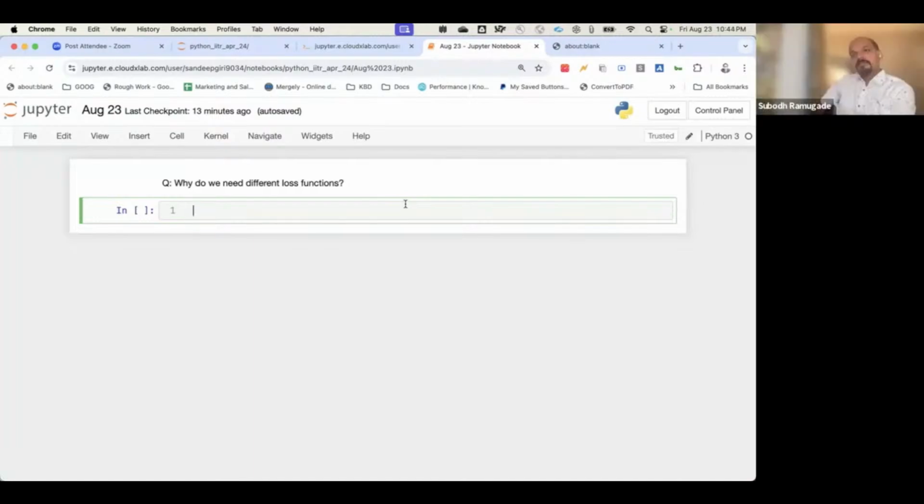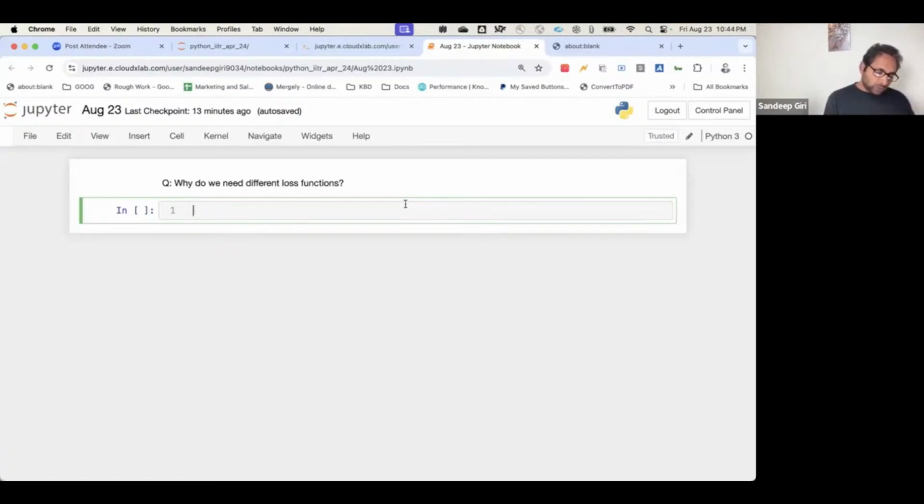For example, have you guys done the celebrity lookalike so far? Yep. You did, right? So there, this is another example of a loss function. Be with me.